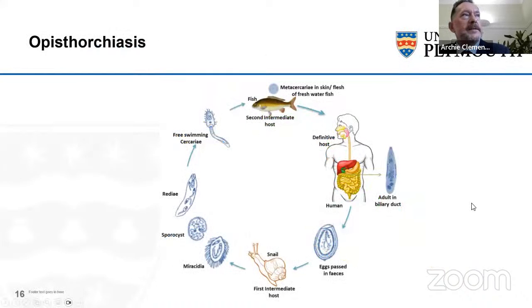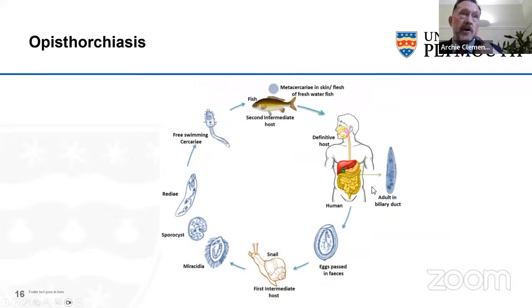I also talked about Opisthorchis, and it is really a fascinating disease. So this is the life cycle of Opisthorchis. Opisthorchis is caused by a fluke parasite, Opisthorchis viverrini, which lives in the Mekong subregion of Southeast Asia. And the adult is this fluke that lives in the biliary duct, the bile duct of the liver.